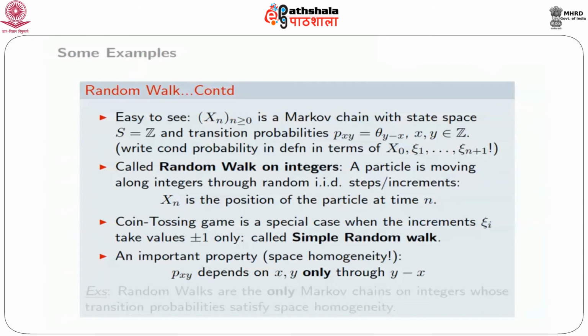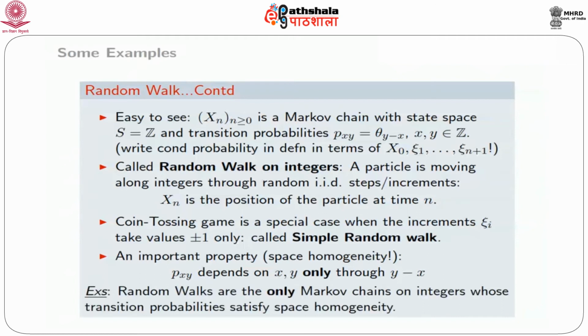Now that may not be generally true for all Markov chains. So this is a special property of random walk on integers. It's not a difficult exercise to show that random walks are the only Markov chains with this property. That means they are the only Markov chains on integers whose transition probabilities satisfy the space homogeneity. You can easily show that.